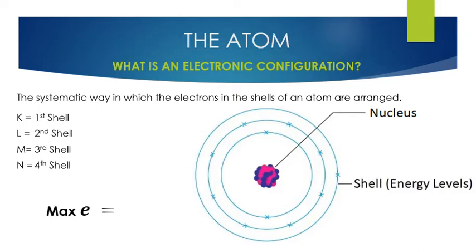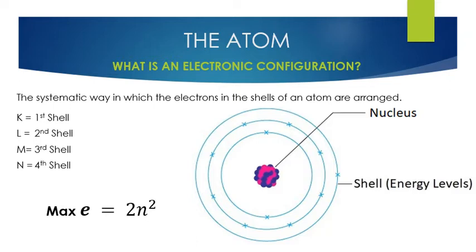It's simply 2 multiplied by n squared. So to find the maximum number of electrons in any energy level or shell, you just simply square the shell number and multiply it by 2.